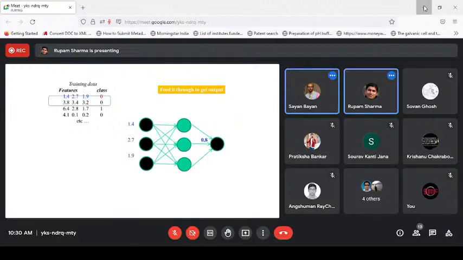Because the actual output is 0, but the obtained output is 0.8, so 0.8 minus 0 gives an error of 0.8. Based on this error, we can remodify our network. When I say I am remodifying my network, that means I am modifying the weight values, because the weights finally influence what the output is going to be for a given input.